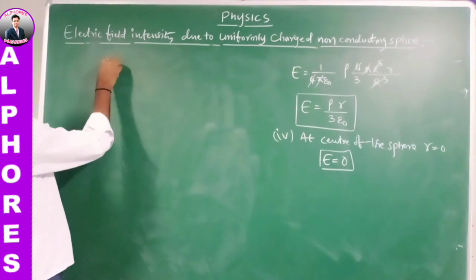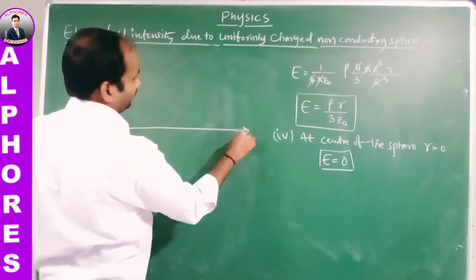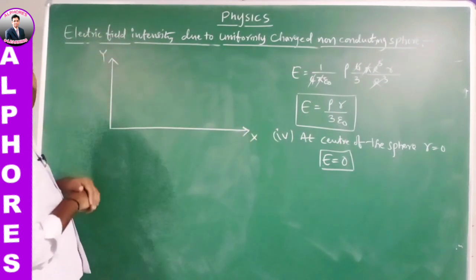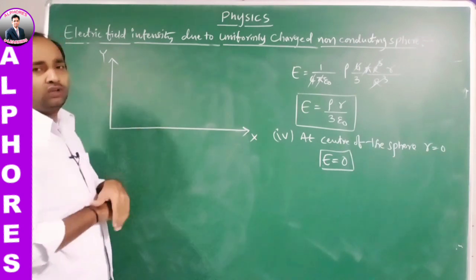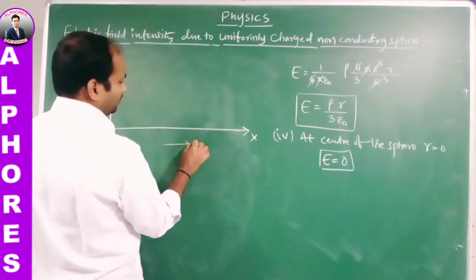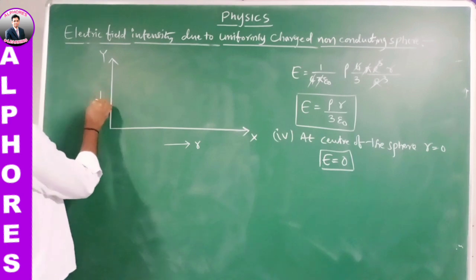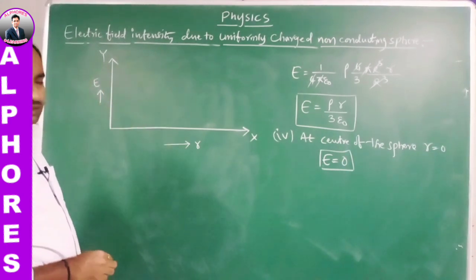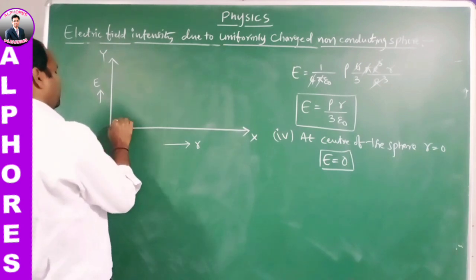Let us take an xy plane, this is the x-axis, this is the y-axis. This is the variation of E value with distance r. Here r is on the x-axis, and electric field intensity is taken on the y-axis.